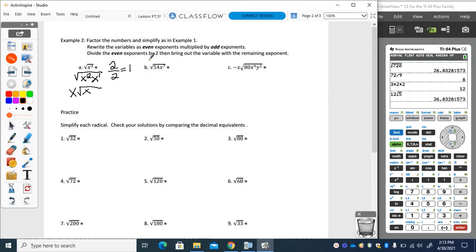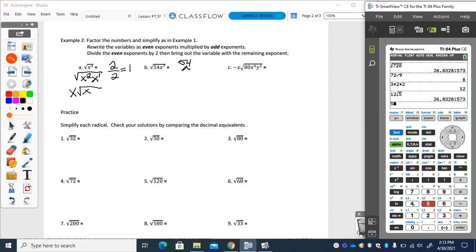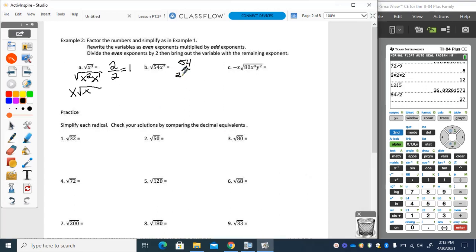So now let's check out the second one. So we have the square root of 54x to the 7th. So let's simplify that 54 first. Again, let's start by dividing it by 2. Divide by 2. All right, so we have 2 and 27. Can we simplify 2 any further?